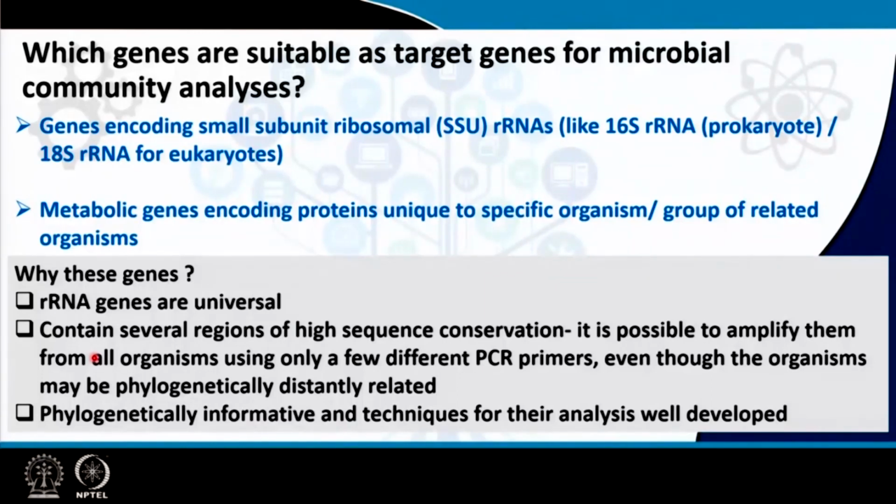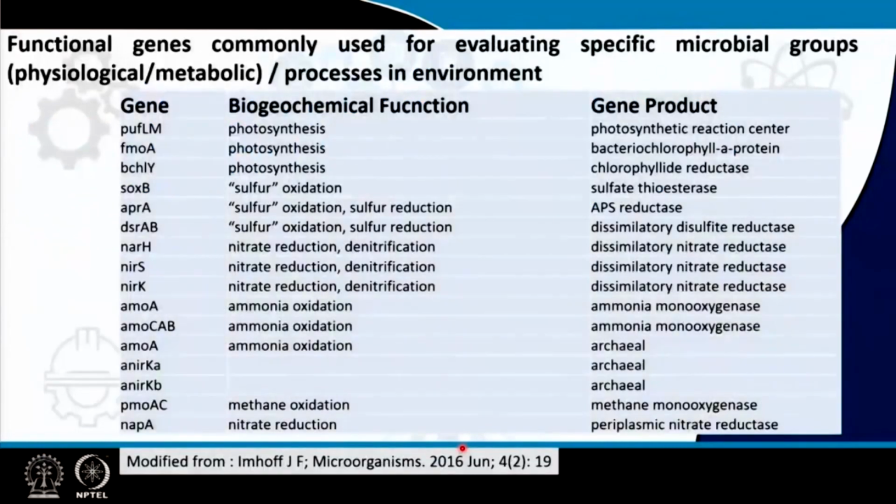if the conditions are appropriately provided. Then, these genes that we are talking about, the ribosomal RNA genes or the other functional marker genes, are phylogenetically informative, so that we can derive more information about their phylogeny and their taxonomy, and the techniques for their analysis are very well developed.